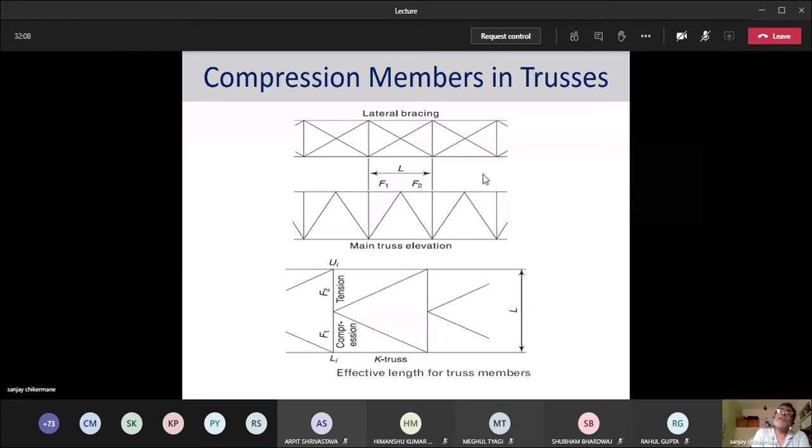So my member might end up becoming 4 meters or 3 meters or something like that, but the truss itself is 30 meters. So one of the reasons for trusses is to break the length of the compression member, and by breaking the length of the compression member, its buckling propensity gets reduced tremendously. Is this making sense, guys?